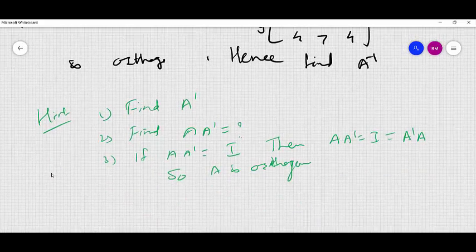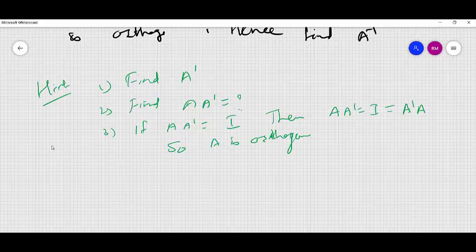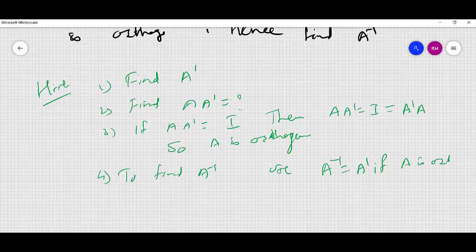Once you come to the conclusion that A is orthogonal, we use the property that A inverse is nothing but A dash if A is orthogonal.